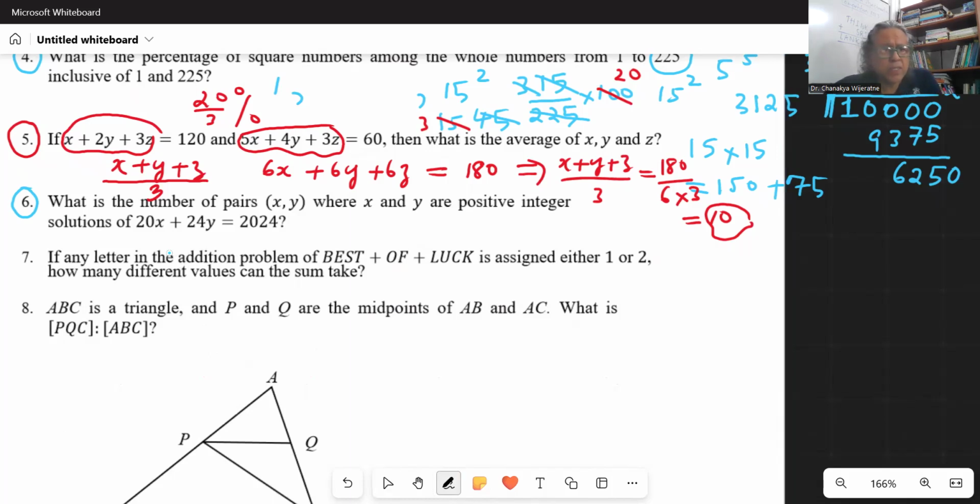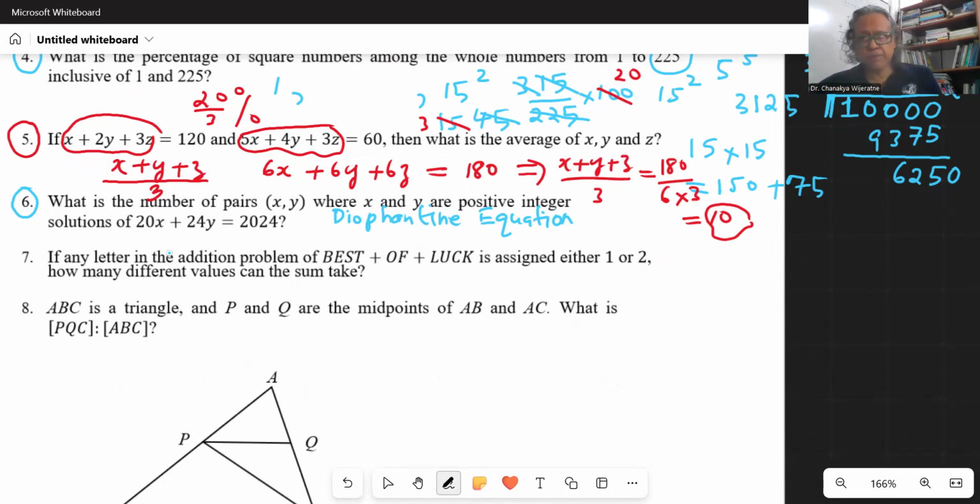Now this is a Diophantine equation. If you don't know, you should Google it and find out. Google is your friend. It's a great resource, so use it wisely.